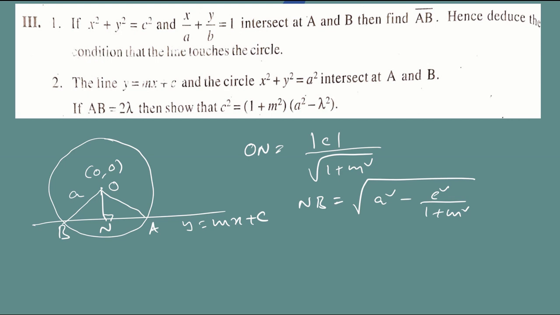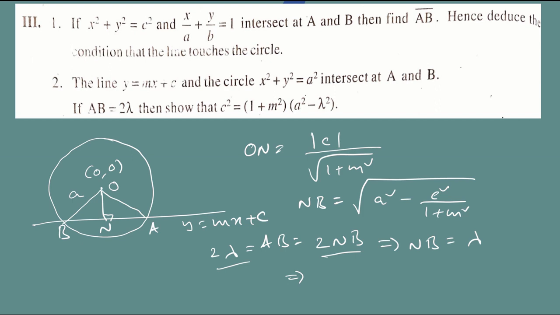So he gave that AB is equal to 2 lambda. We have AB is nothing but 2 times NB. Now he gave AB is equal to 2 lambda. So from this I get NB is nothing but lambda.